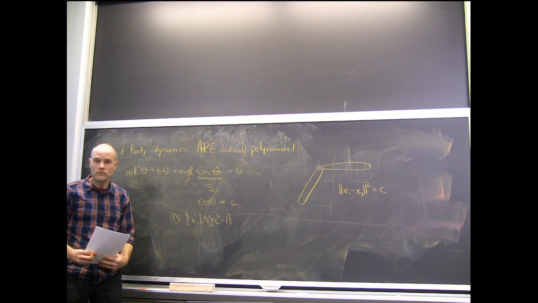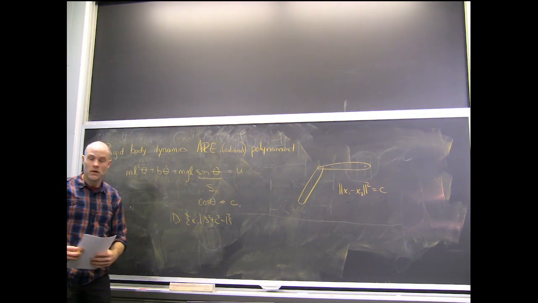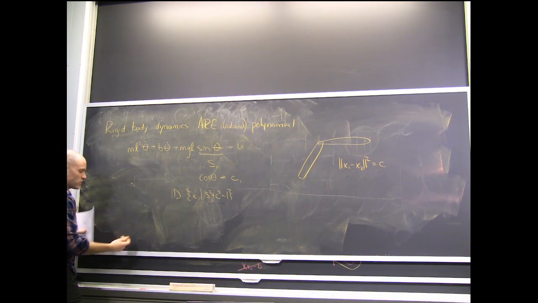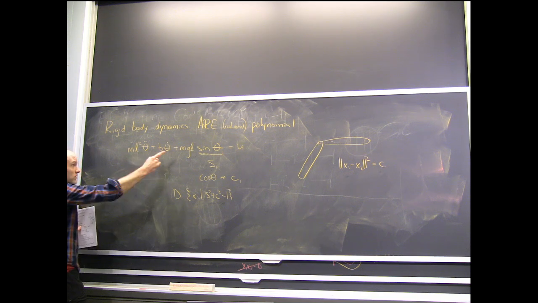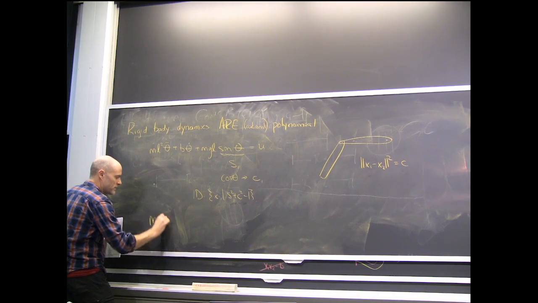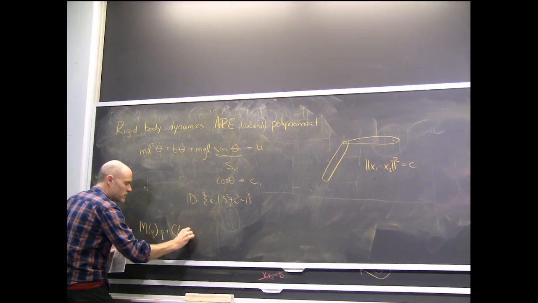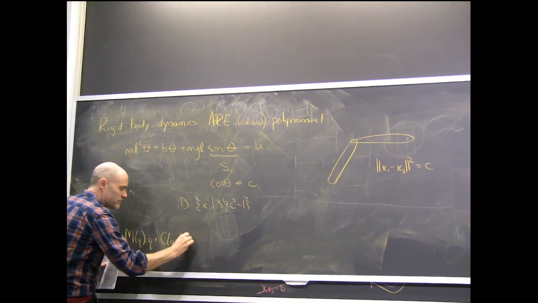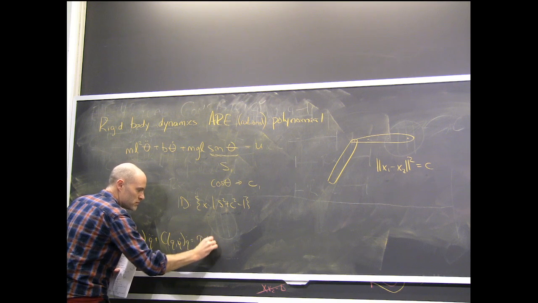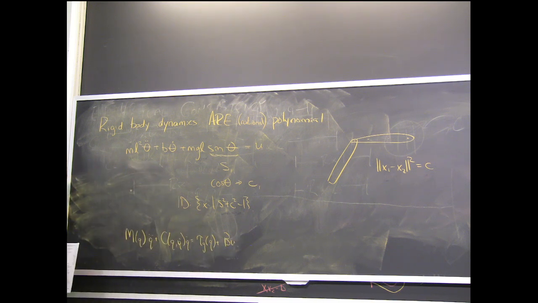Okay? Now this, I said rational polynomial. In this case it's just polynomial in the single degree of freedom. But in general, I have M(q) q double dot plus C(q, q dot) q dot, something like this.